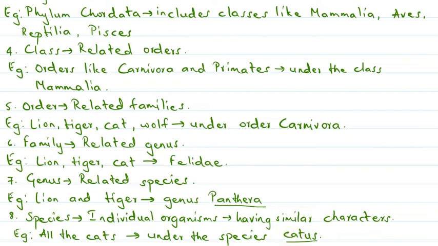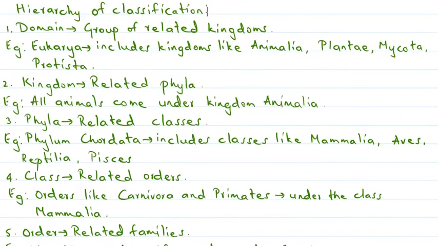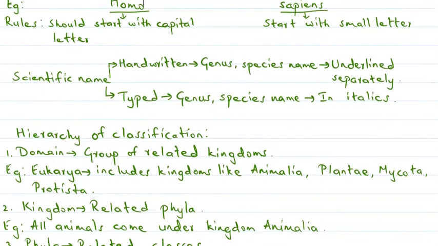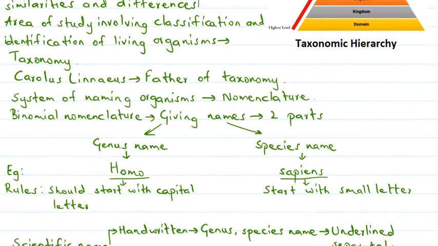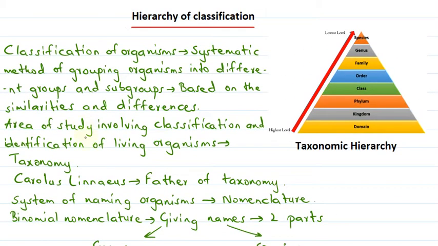Okay, so now let's just revise everything that we have studied till now. We had started with the term classification. Classification is a systematic method of grouping different organisms into different groups and subgroups, and this method of grouping is based on the similarities and the differences between the organisms.